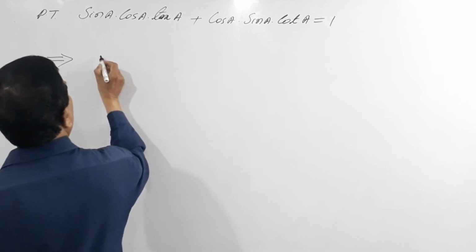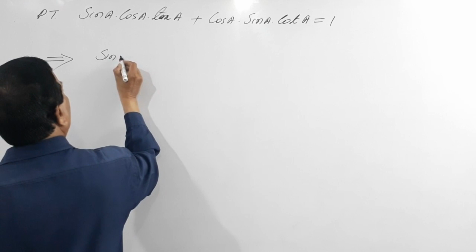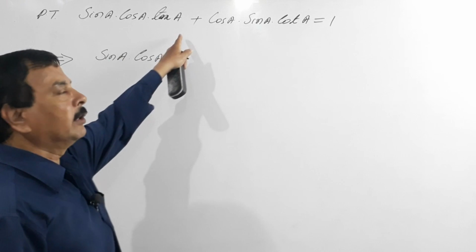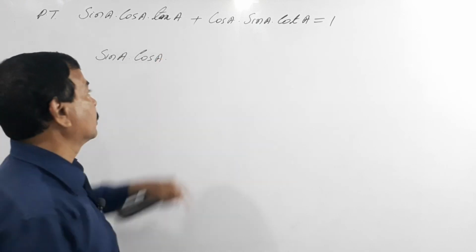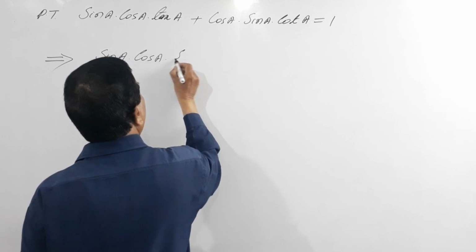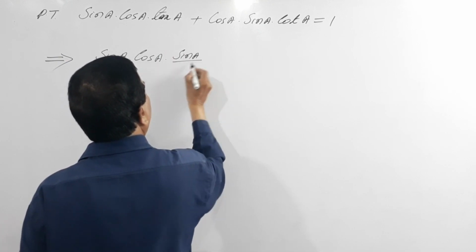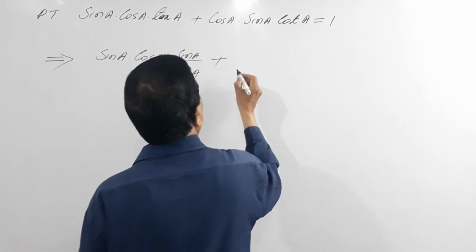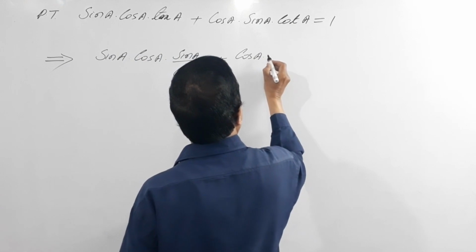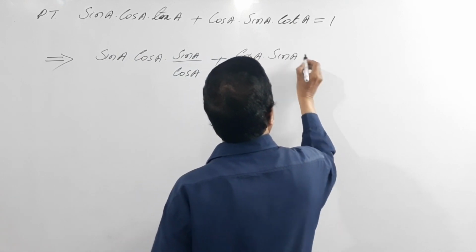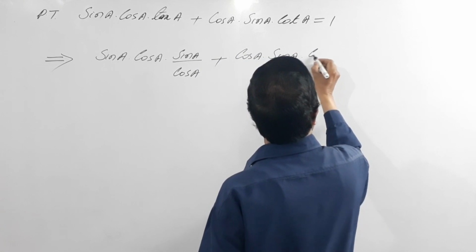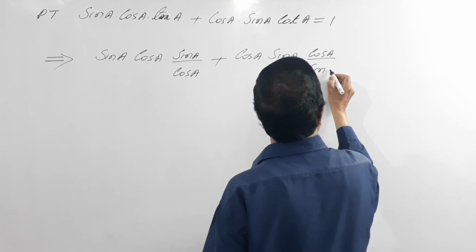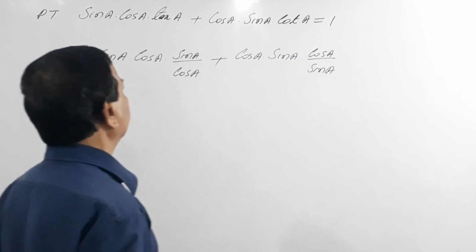So, this is sin A into cos A. For this tan, I will write sin by cos. What is tan theta? That is sin A by cos A, plus cos A into sin A into cot A, which is cos A by sin A. So what happens here?